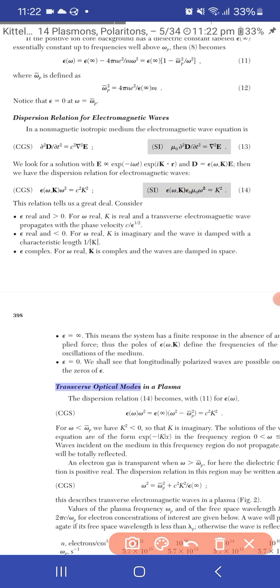This relation tells a great deal. Consider epsilon real greater than 0: for omega real, k is real and the transverse electromagnetic wave propagates with phase velocity this. See why this.